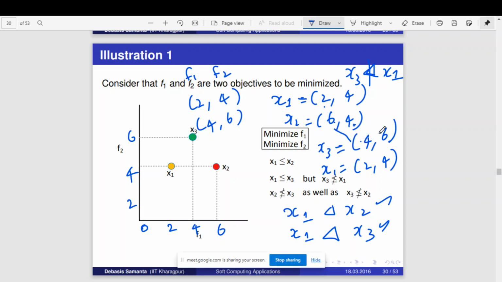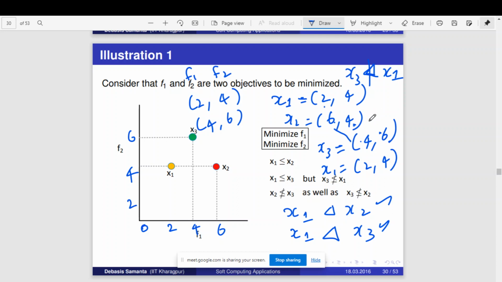In this case, 4, 6, which is better? Oh, here x2 is better. Okay. So condition 2 is matching somewhere, but condition 1 is not satisfied. So again, we cannot say that x2 is dominating x3. So that is false. x2 is not dominating x3.